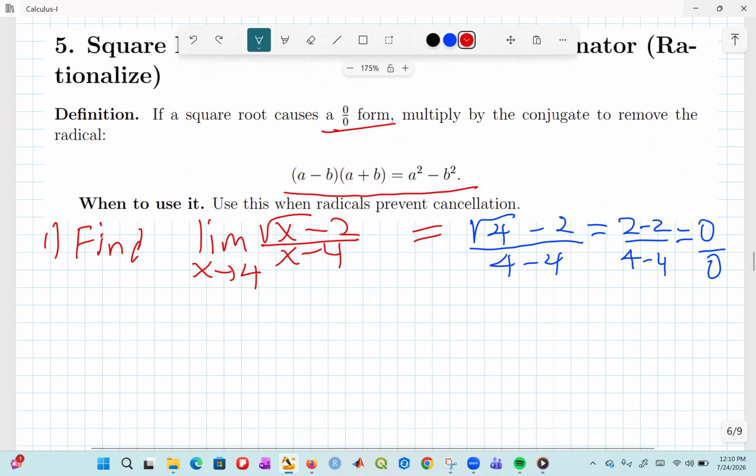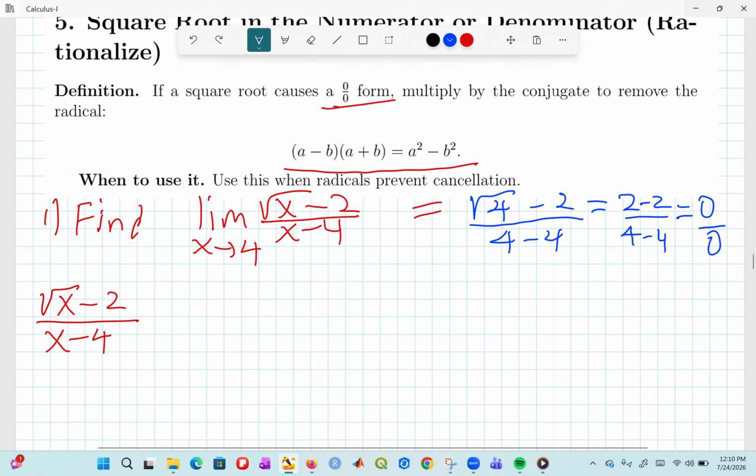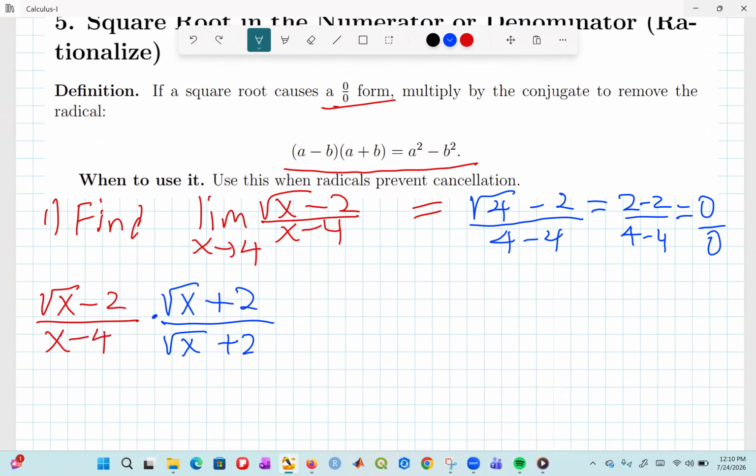So we have to multiply by the conjugate, right? We have square root of x minus 2 over x minus 4 multiplied by the conjugate, square root of x plus 2 over square root of x plus 2.